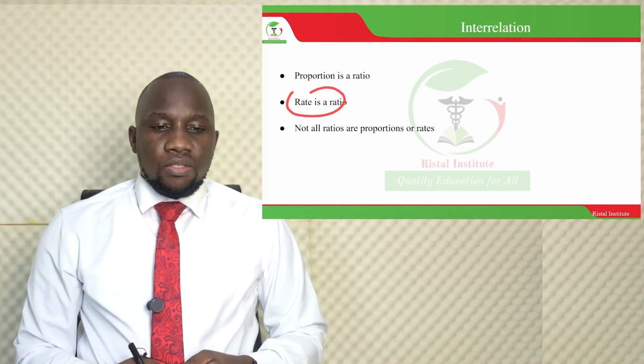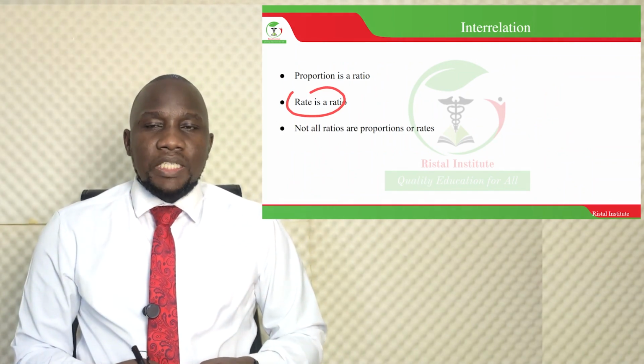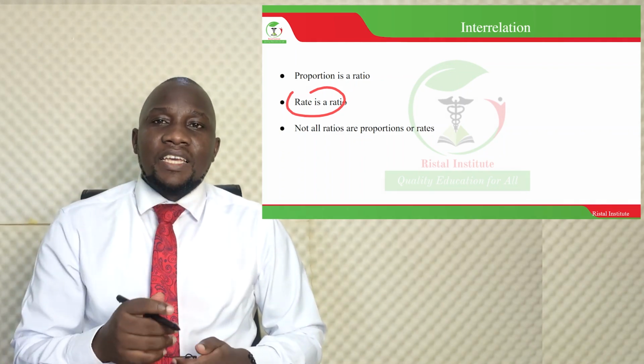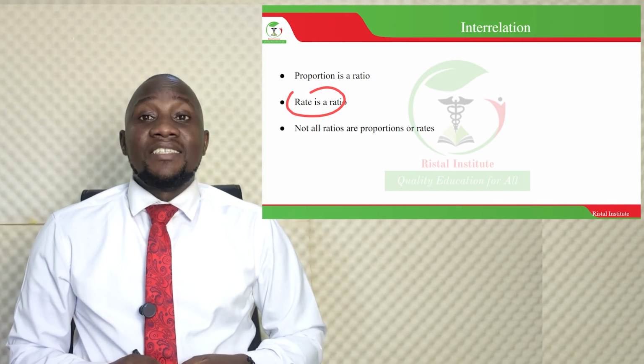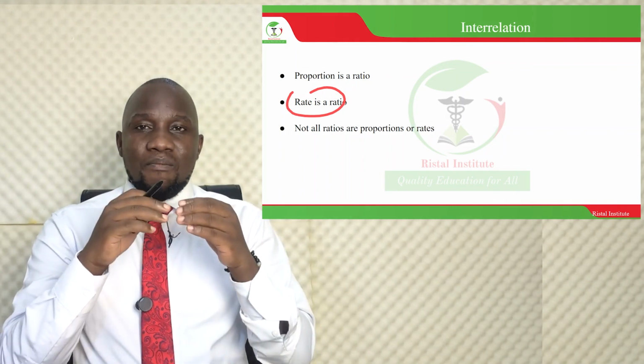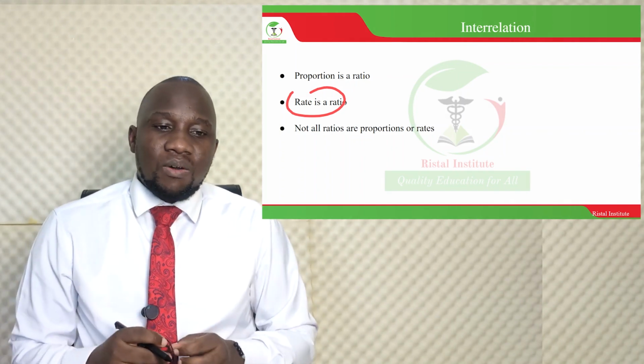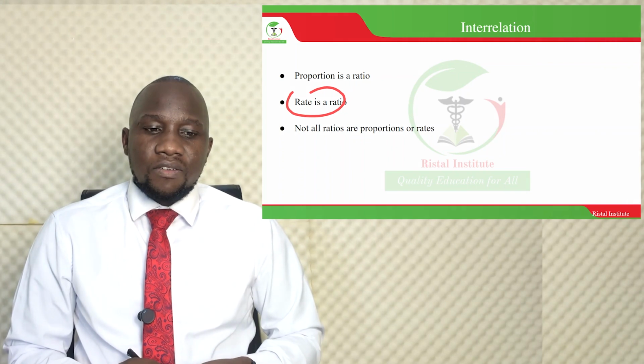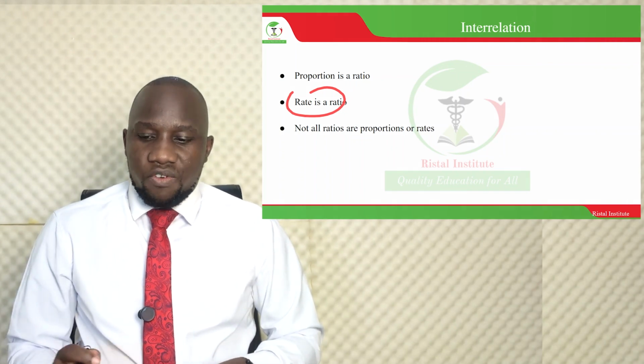So a proportion is a ratio, because we are dividing, and what we are dividing is that the one above is part of what is below. So a proportion is a ratio, but not all ratios are proportions or rates. That's also very vital.